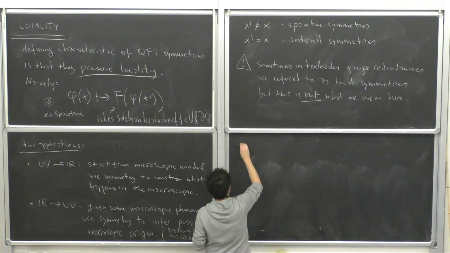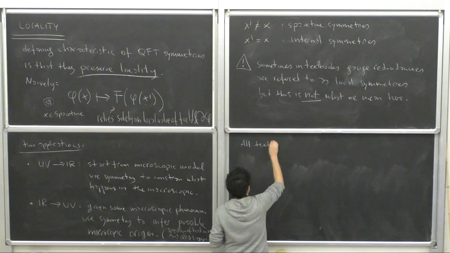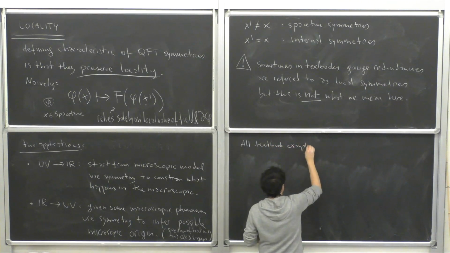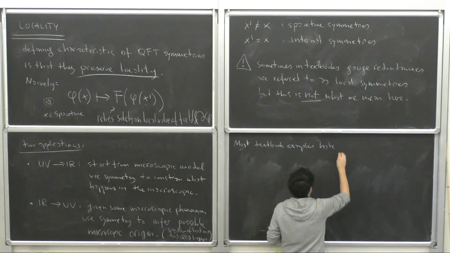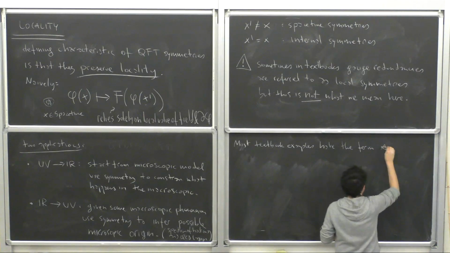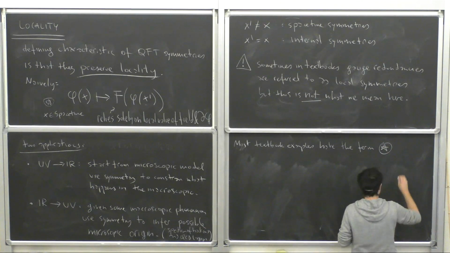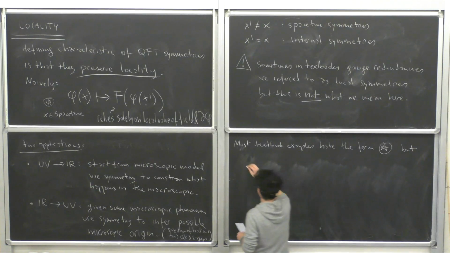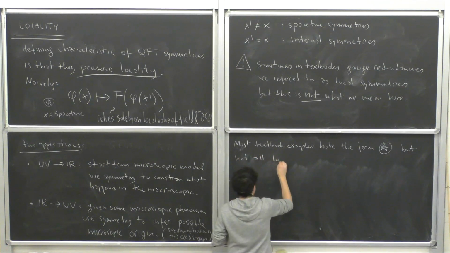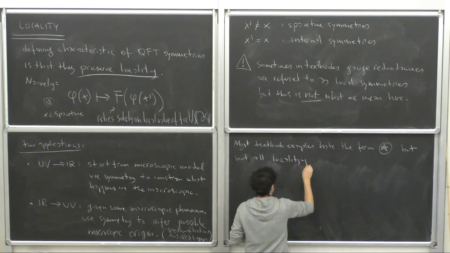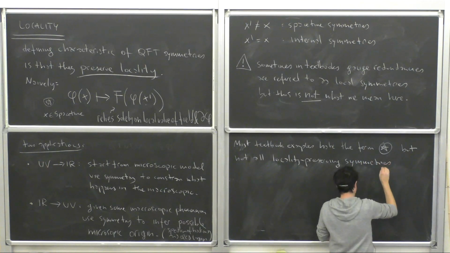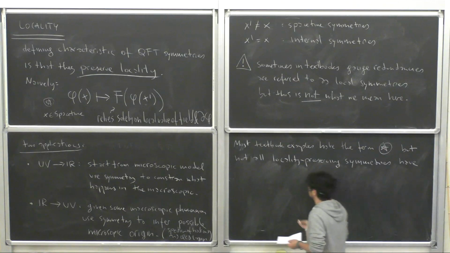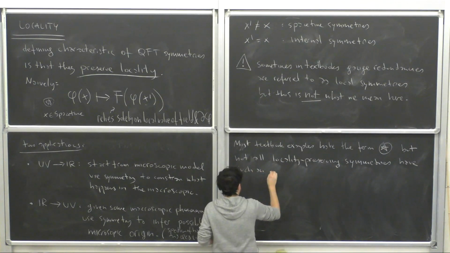All, or most, textbook examples of symmetry have the form star, but not all locality preserving symmetries have such an expression.